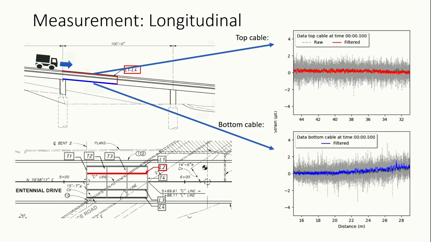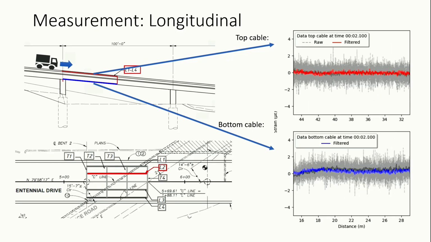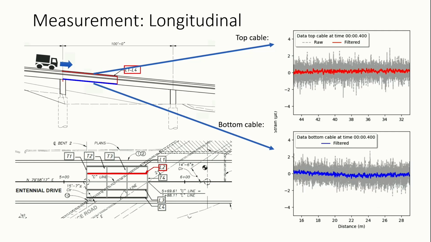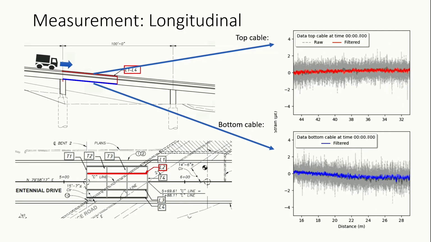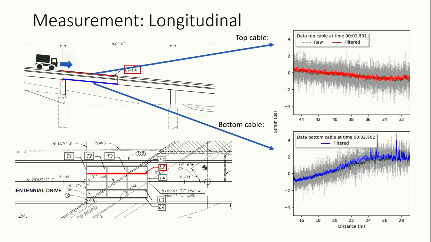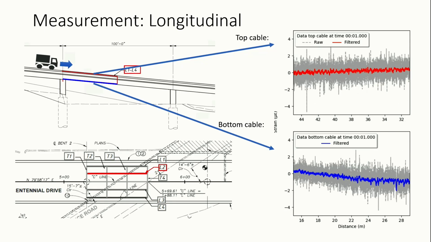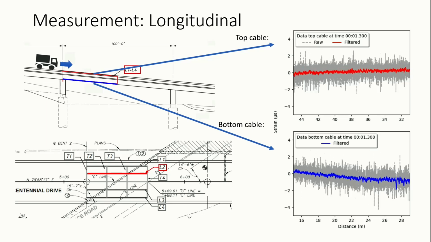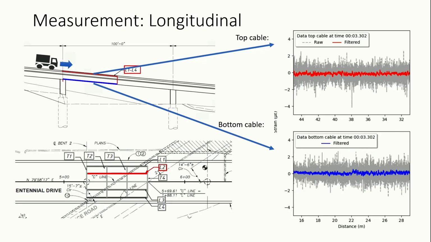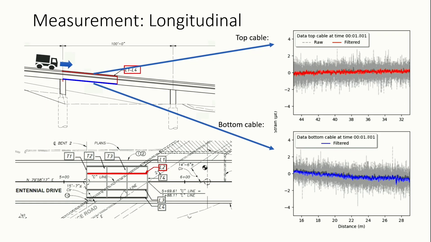This is when the shuttle is passing downward on the road, in this direction. So I'm showing these cables, which are not on the lane where the truck is passing, so it's an indirect reading, but we're able to see what is happening.